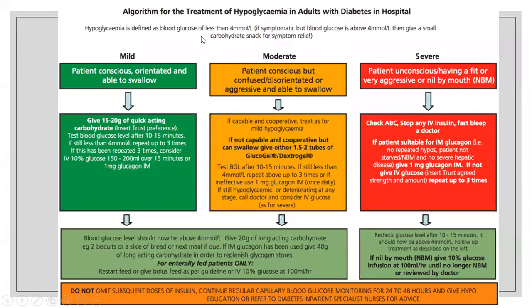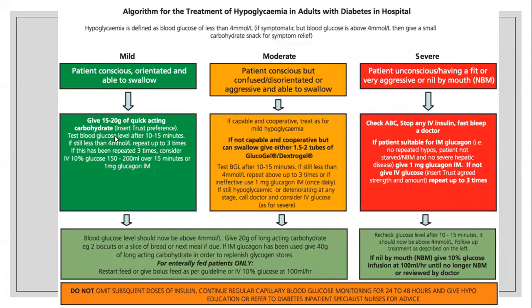In this table, we can see the algorithm for the treatment of hypoglycemia in adults with diabetes. If my patient has mild hypoglycemia, how do I understand my patient is mild? Definitely by blood sugar level, but the patient should be conscious, oriented, and able to swallow. If so, give 10 to 20 grams of quick-acting carbohydrate, right?